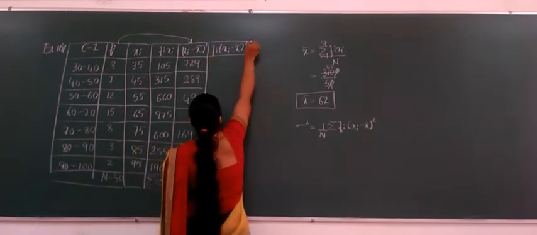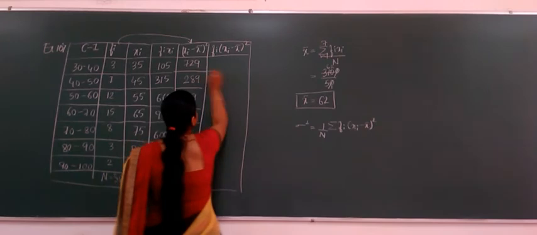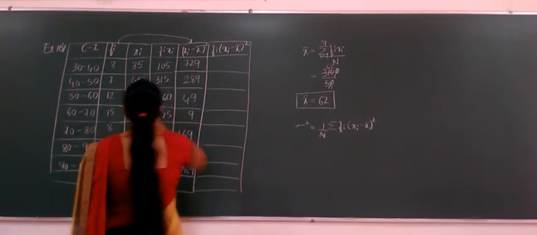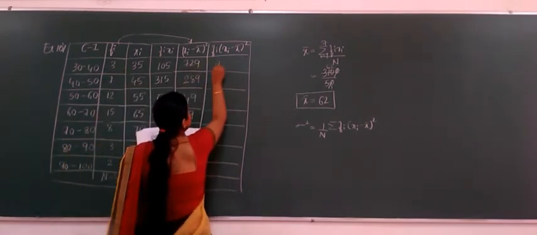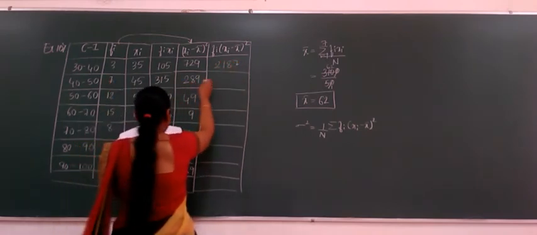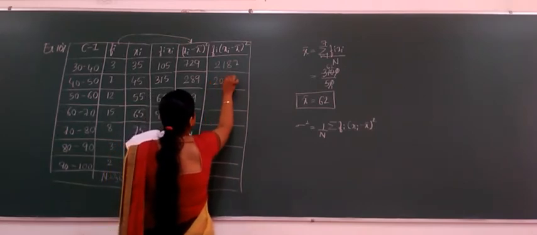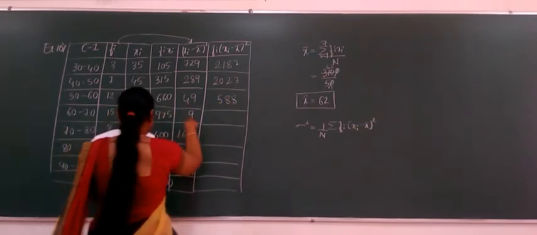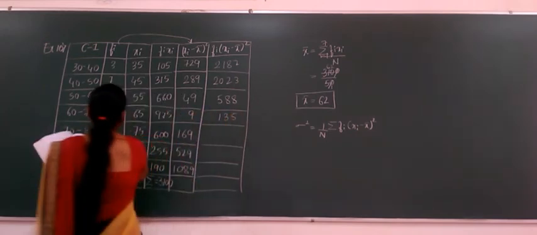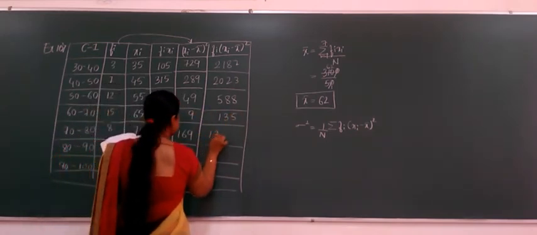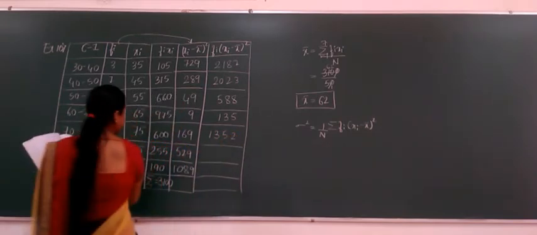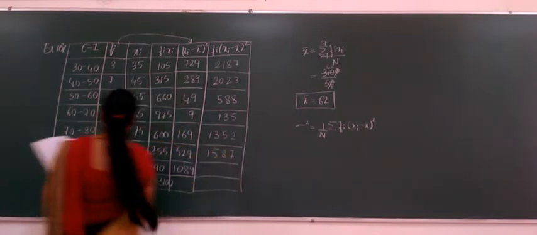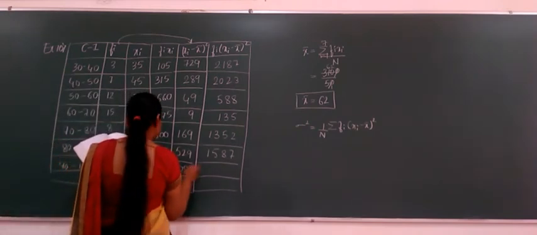So first, 3 into 729 is 2187. 7 into 289 is 2023. 12 into 49 is 588. 15 into 9 is 135. 8 into 169 is 1352. 3 into 529 is 1587. 2 into 1089 is 2178.